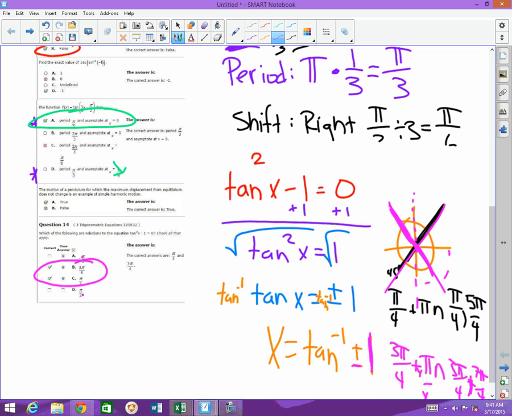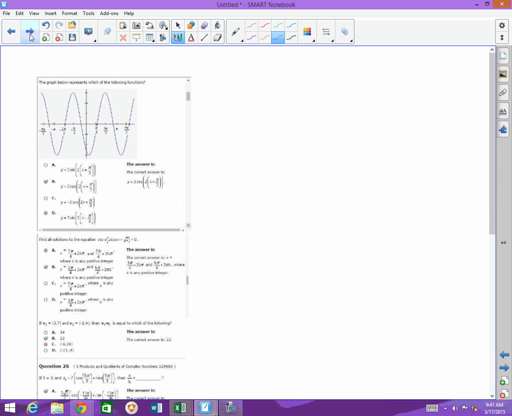All right. Okay, moving on to the next set of problems. Here you had to choose one of these for the equation. You chose 3 sine 3x minus pi over 3, or 3 sine 2x minus pi over 3. And the correct answer is 3 cosine 2x minus pi over 3.